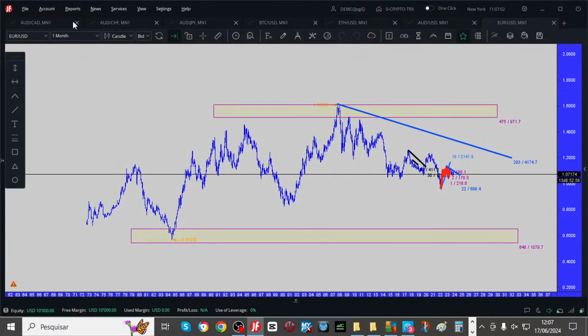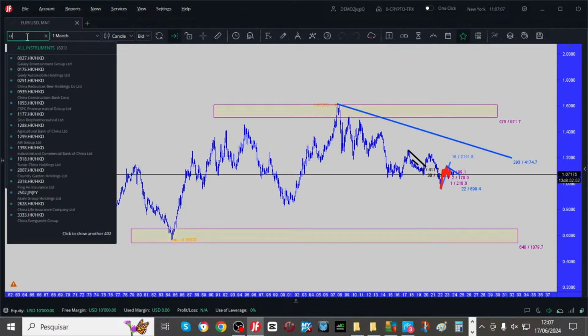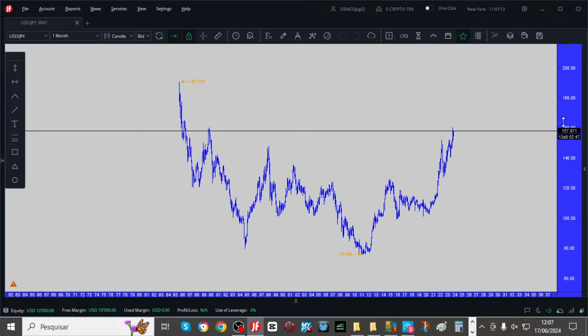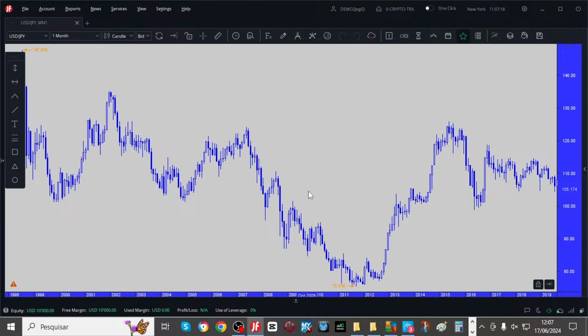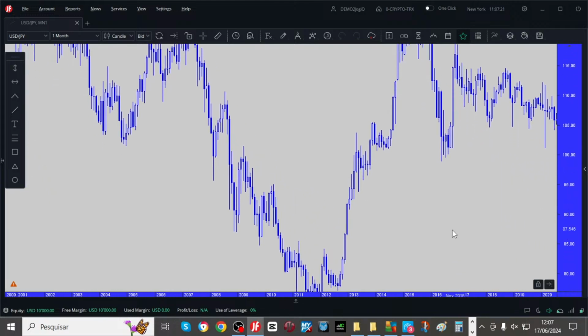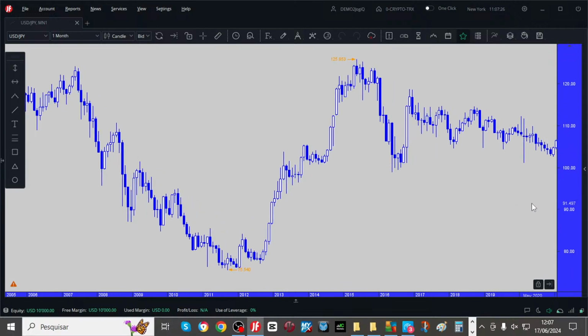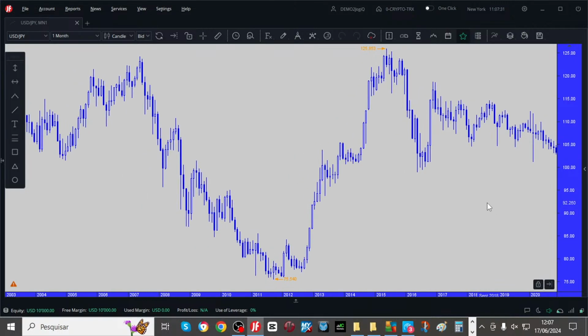For the purpose of today, let's open USD JPY. USD JPY, everybody. Monthly chart. If you see something like this, everybody, tell me, is this market... I'm going to trick you, right?